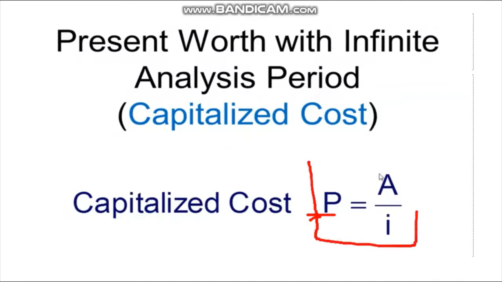So this is a very simple formula. How much we need to pay every year, divided by the interest rate, let's say 7%, which we will divide by 0.07, and we are gonna get the capitalized cost.